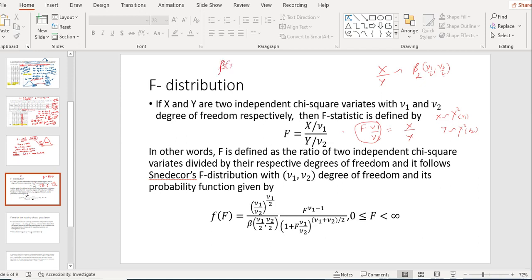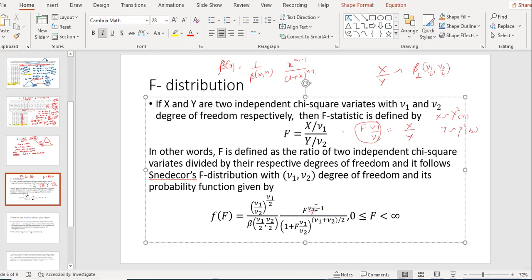Its probability density function is 1 upon beta(m, n), x raised to the power m minus 1, upon (1 plus x) raised to the power m plus n, where the value of x varies from 0 to infinity. Here x is replaced with F(nu1, nu2), so that's the reason we have nu1 by 2 minus 1. In the formula also, we need to make this correction. Here it is F of nu1 by 2, nu1 by 2.